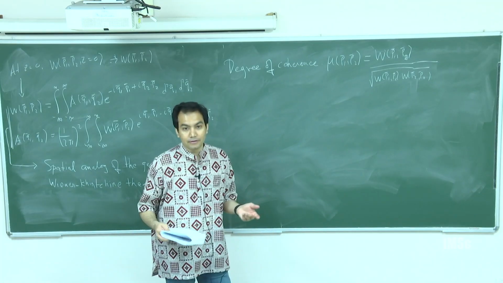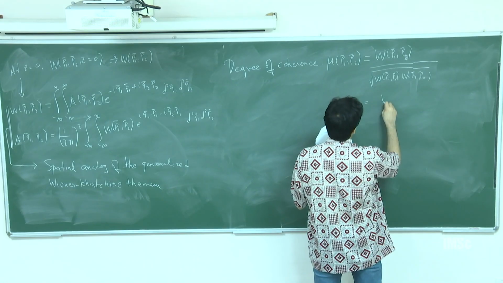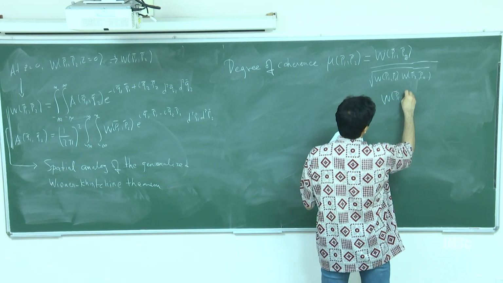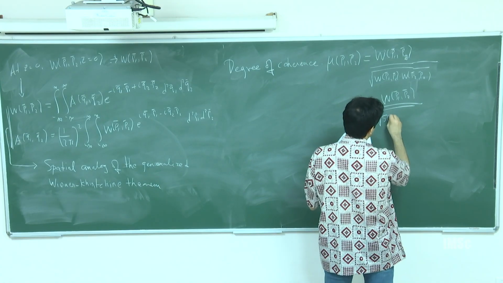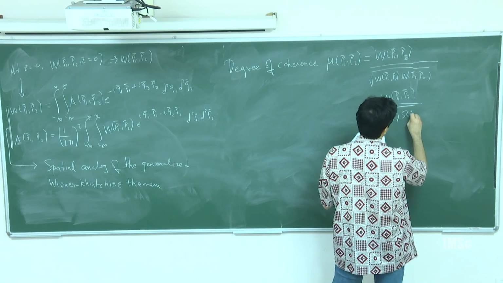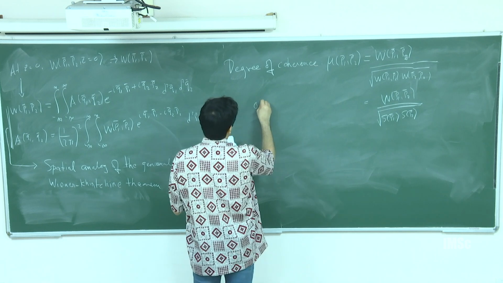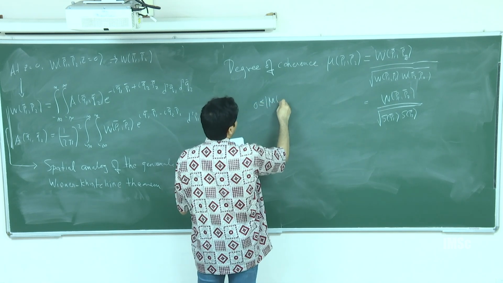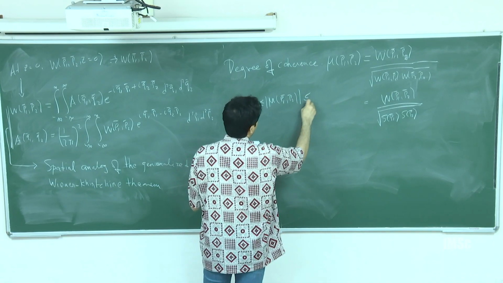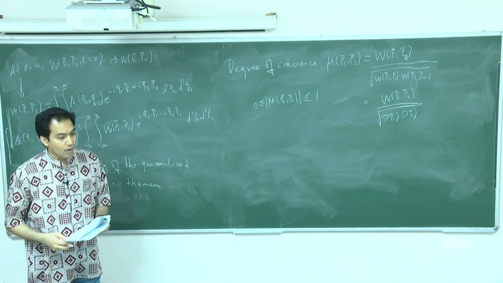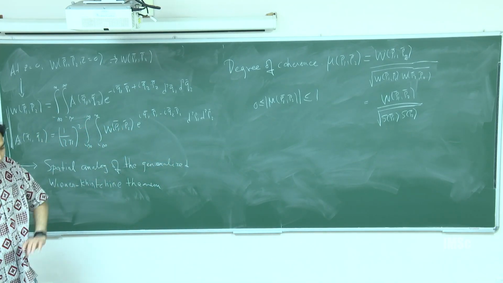It's just a spectral density. And as always, the degree of coherence always takes a value between 0 and 1. If it is 0, the field is incoherent, and if it is 1, the coherence is maximum.